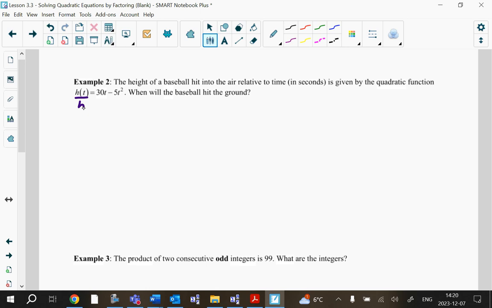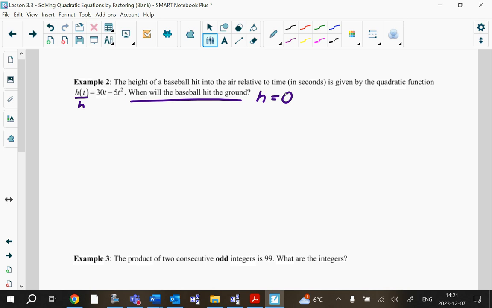I want to know when the baseball hits the ground. When the baseball hits the ground, what's the height? 0. So I want to find what's t when h is 0.